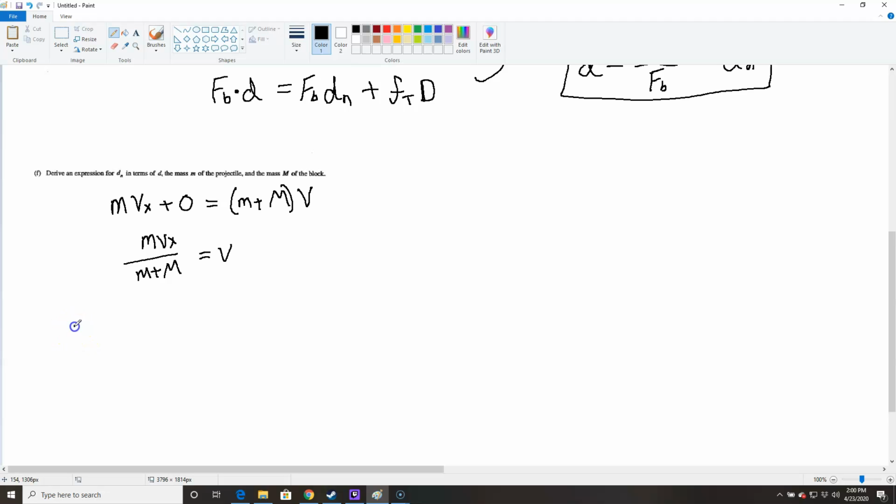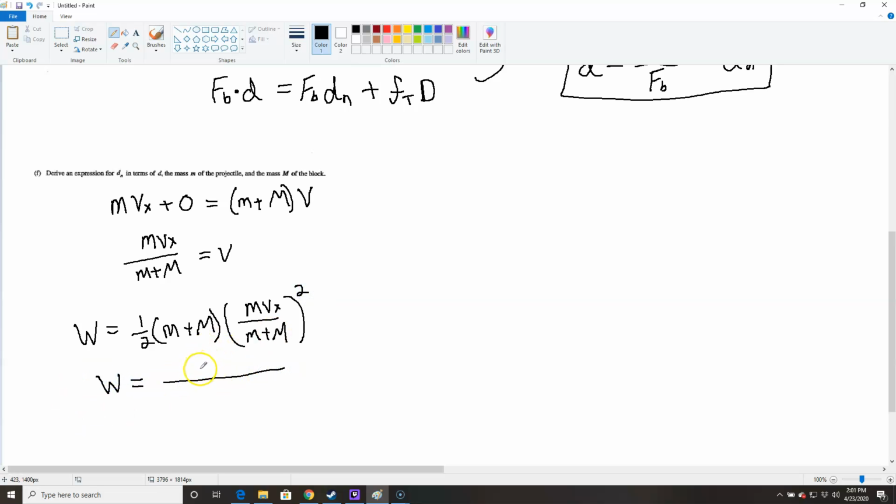Now that tells me the work done to bring this to a stop is 1/2 times the mass, little m plus big M, times the velocity squared, mvx over m plus big M squared. This will simplify. I will end up with m squared vx squared up top, and a 2 times m plus M on the bottom.